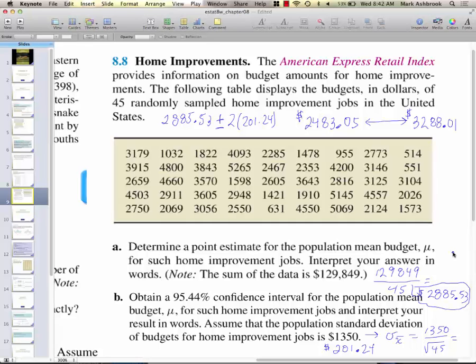And so we can say with 95% certainty, the true population mean, or the true average budget for all home improvement jobs is between those two values. So that's our 95% confidence interval.